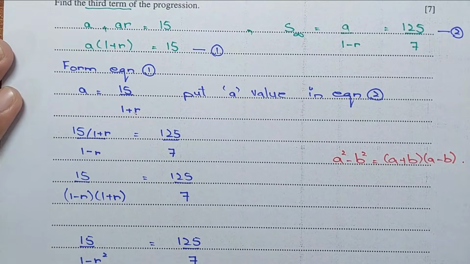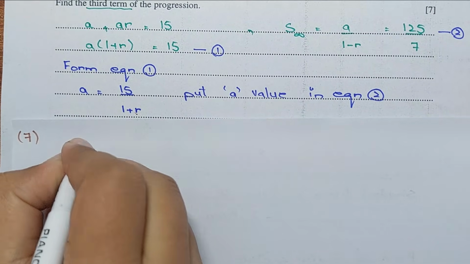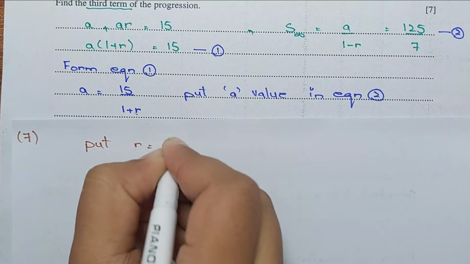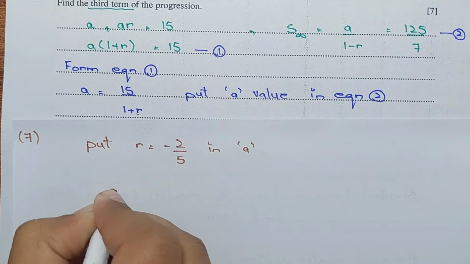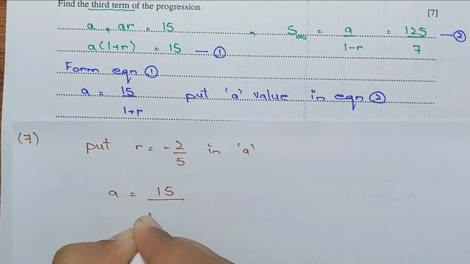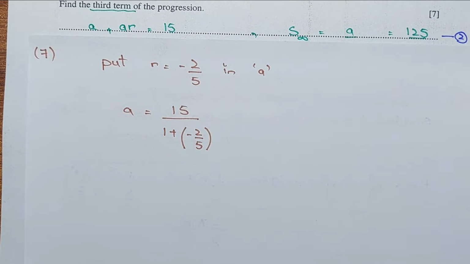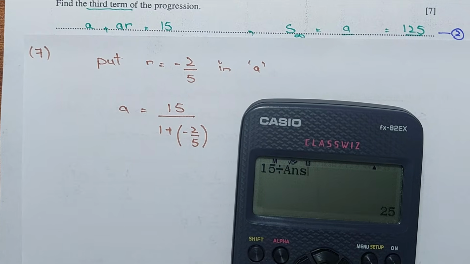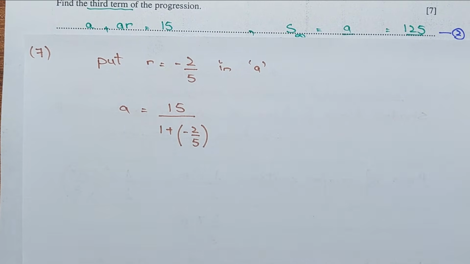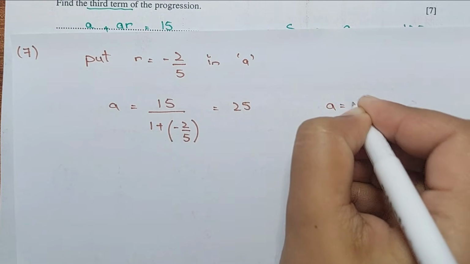Put r equals minus 2 by 5 in a. So a would be 15 divided by 1 plus r, which is 1 minus 2 by 5, and 15 divided by that answer is 25. So we got the a value, which is 25.